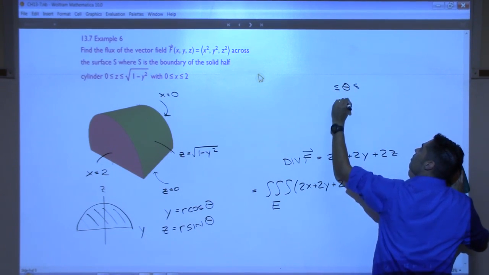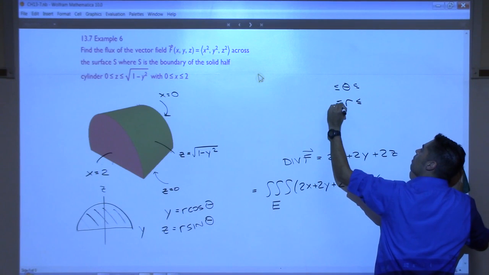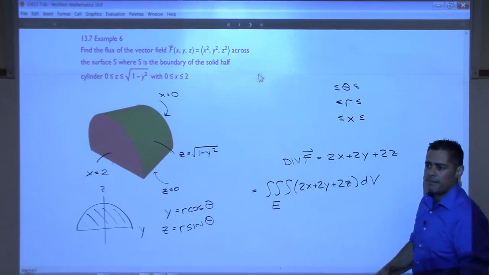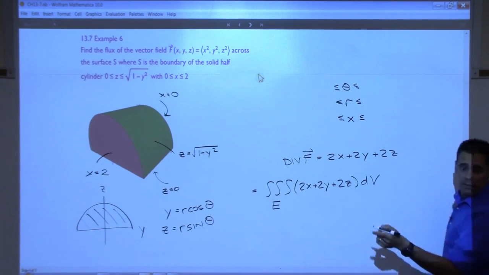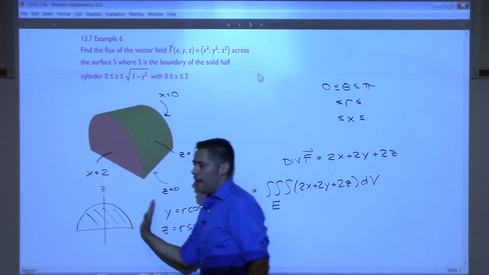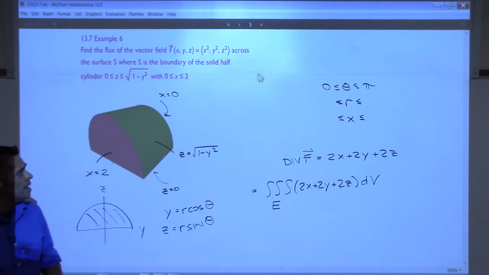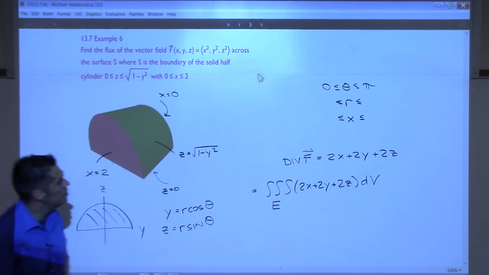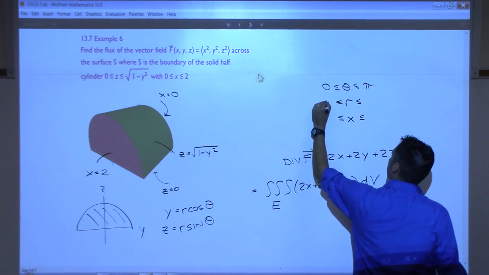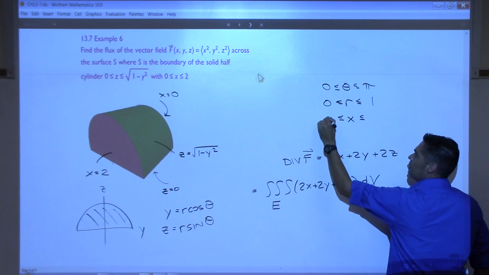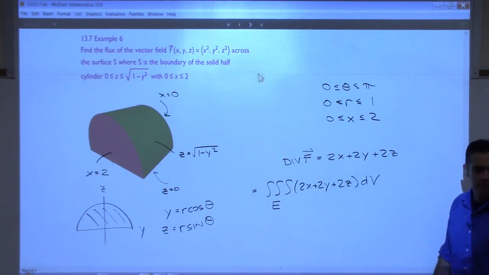What are my restrictions on r? And what are my restrictions on x? Because those take care of the three variables, right? So theta is between 0 and pi, because I don't want to draw the whole circle. I just want to draw the top half. And r is between, it was 1 if you go back and look at last class. This was 1 and that was negative 1, so r is between 0 and 1. And then x is between backside and front side, 0 and 2. You all okay with that?